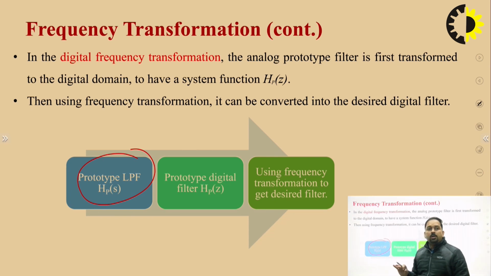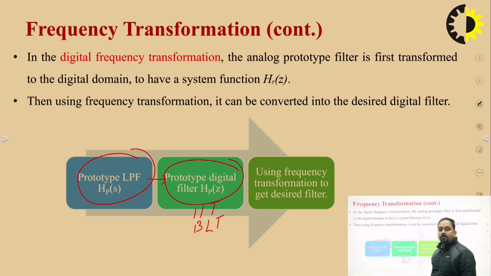This is further processed and converted to a prototype digital low pass system function H(z) by using a certain transformation technique called IIT, which is impulse invariance transformation, and the second approach is BLT, bilinear transformation.